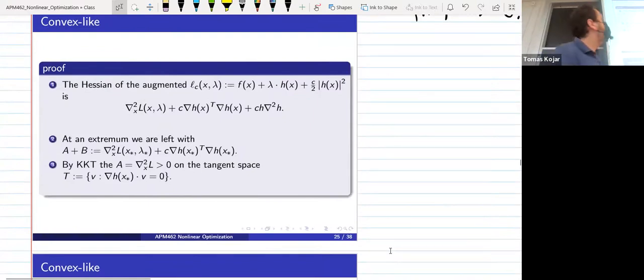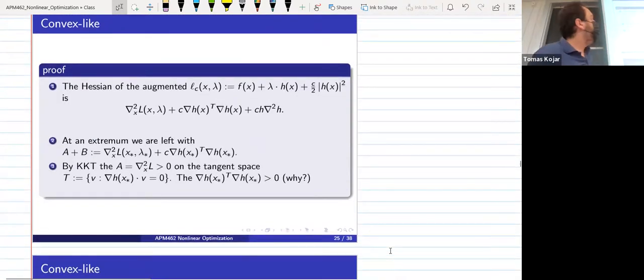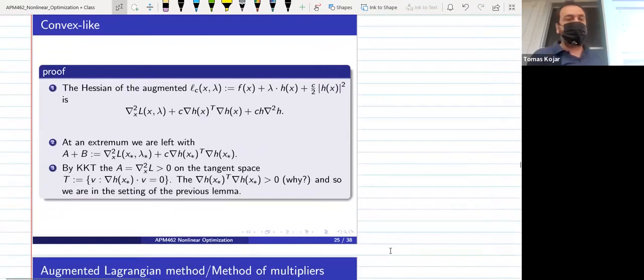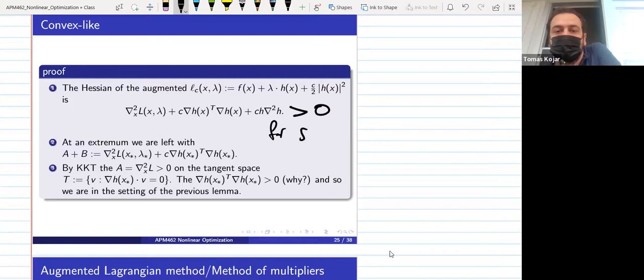By KKT, this matrix is positive definite on the tangent space, and this one is also positive definite. So we are in the setting of the previous lemma, and we get that this Hessian is positive definite for large enough c.